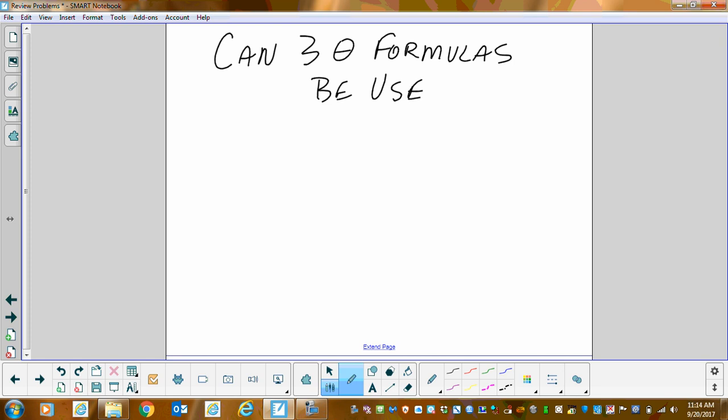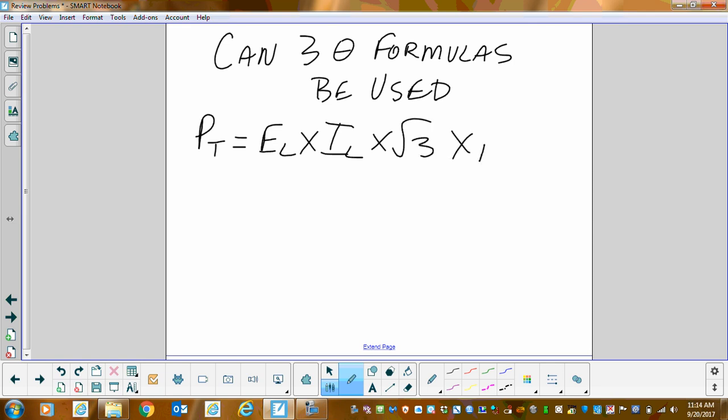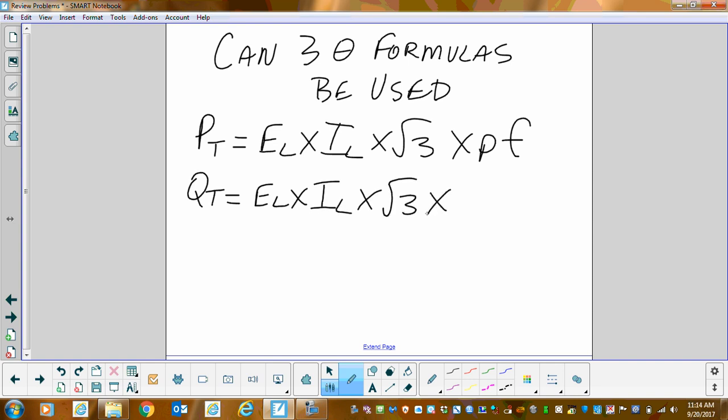And I'm going to write them out just so that you remember them. So power total is equal to E line times I line times what? Root 3? Good, times power factor. Q total is equal to E line times I line times root 3 times what? Sine theta.